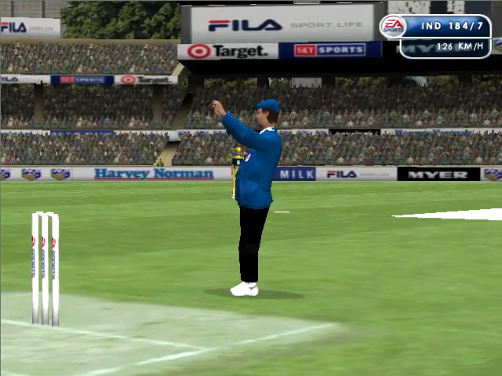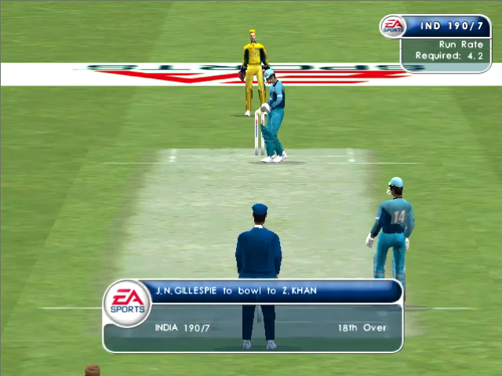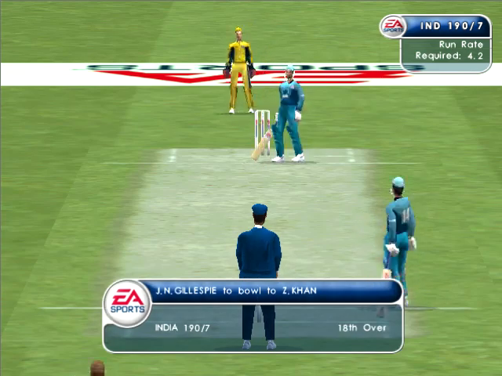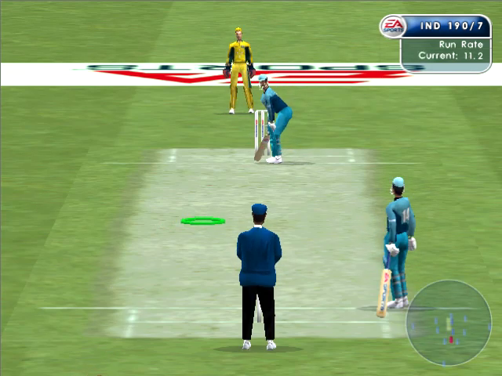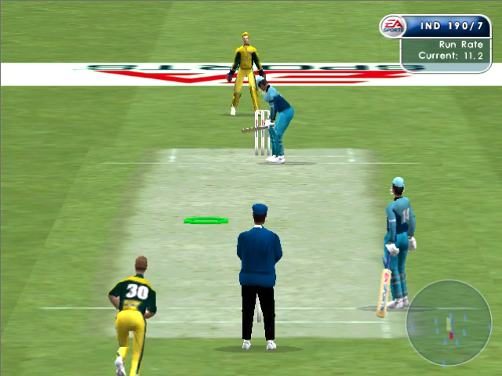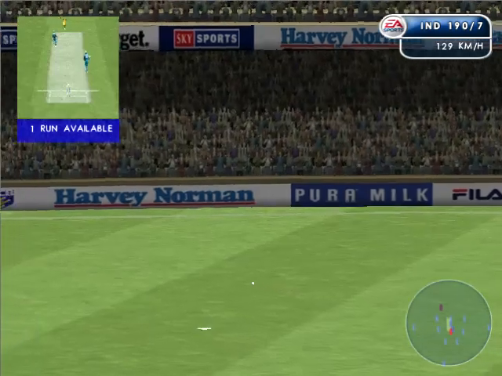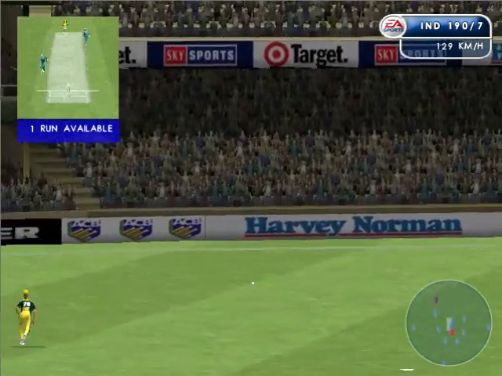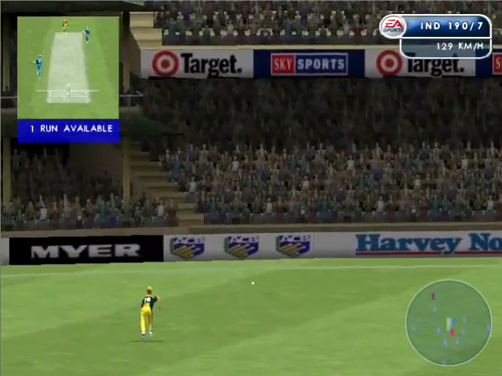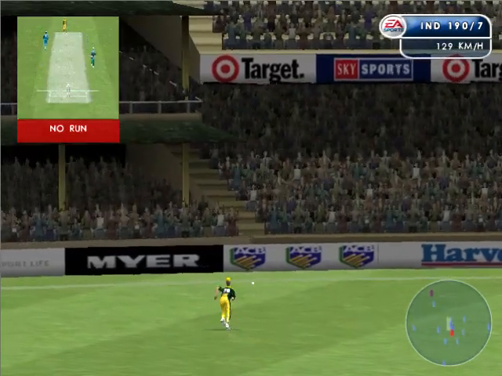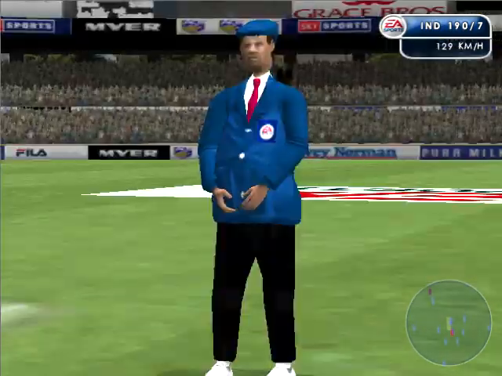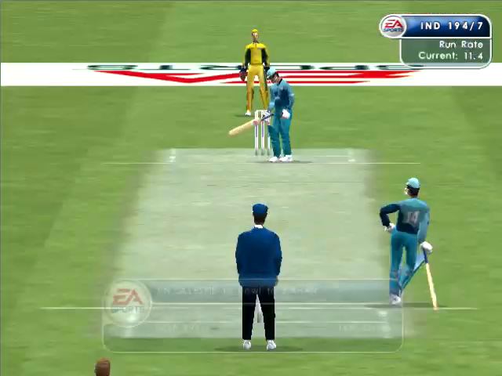And 6. That went a long way back into the stands. Exciting stuff. He took a risk, but was well rewarded as the ball disappeared over the fence. Superb shot. That takes him into double figures.